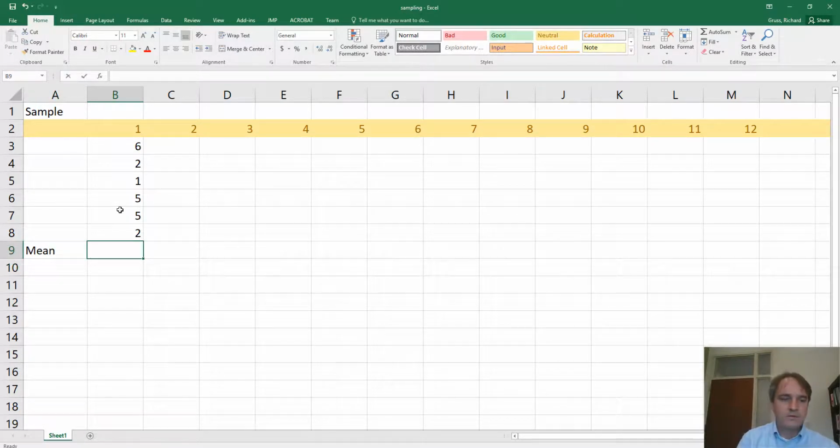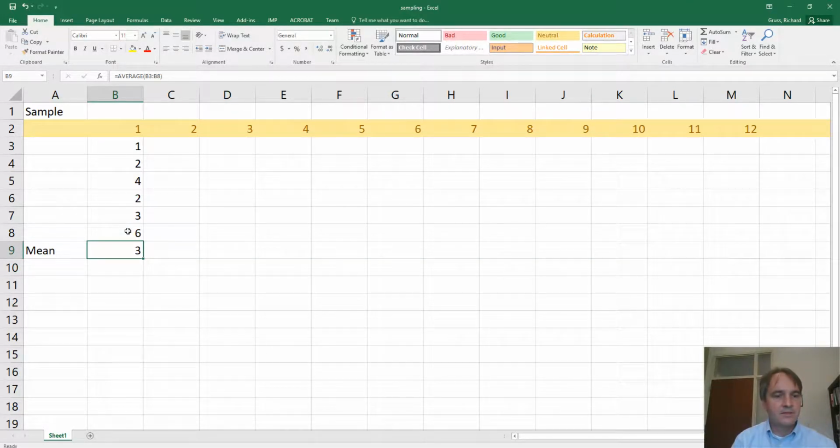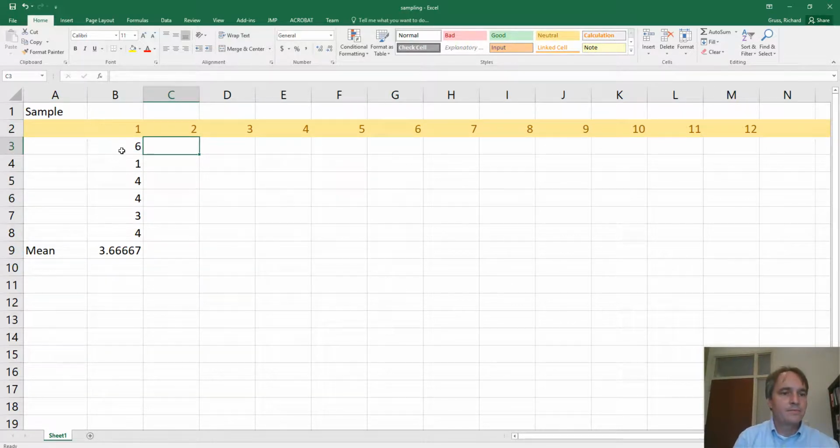So the mean here will be the average of these 6 throws. It turned out to be 3. Calculate again, 3.6, 3.3, 3.6. Okay, so let's go ahead and take a bunch more samples and take the means of all those.